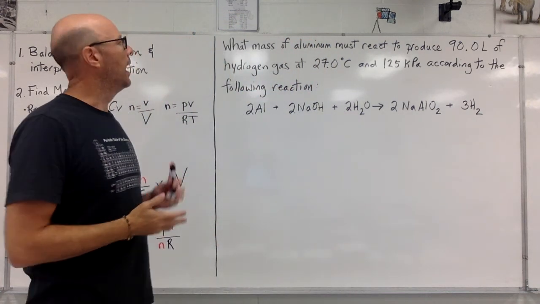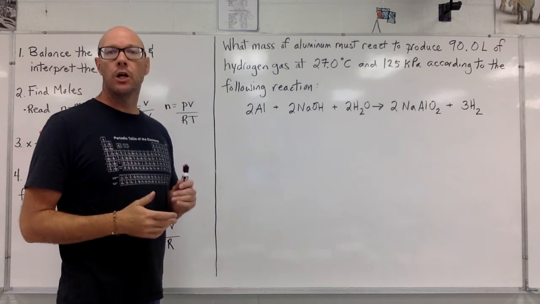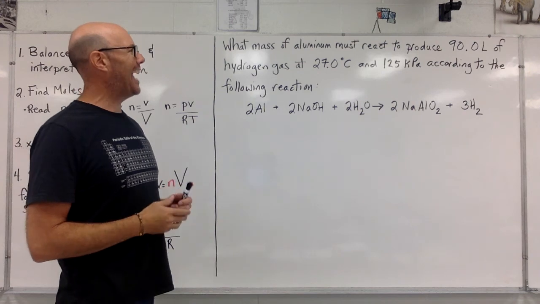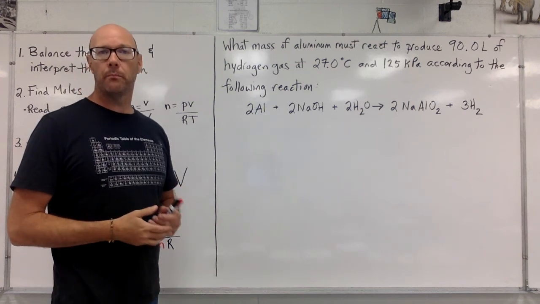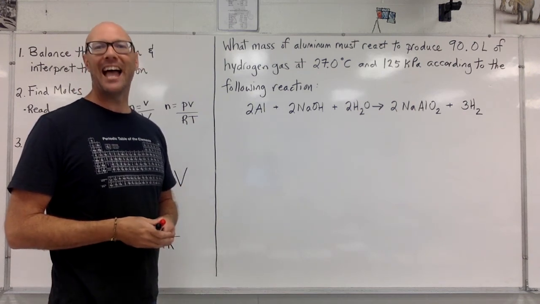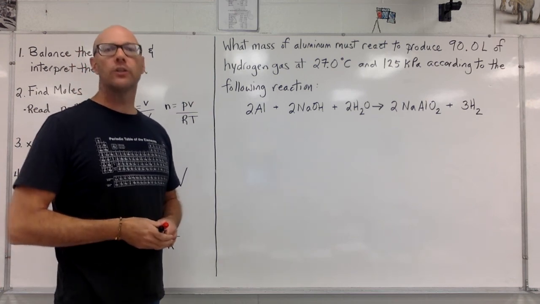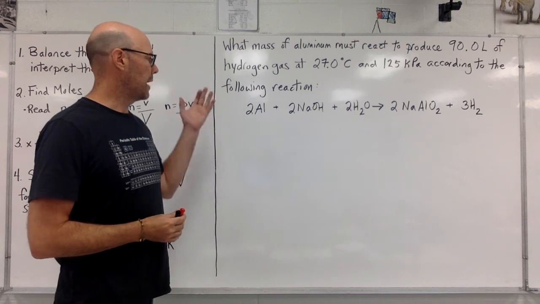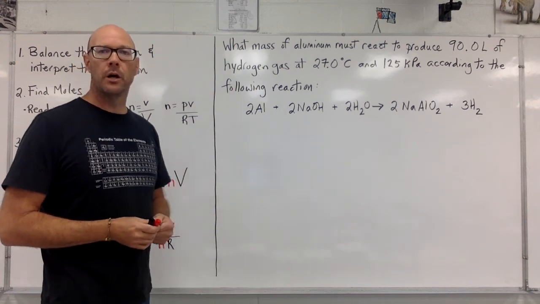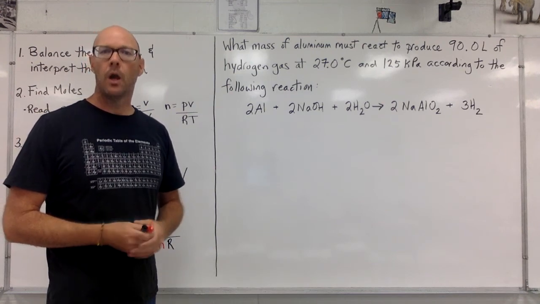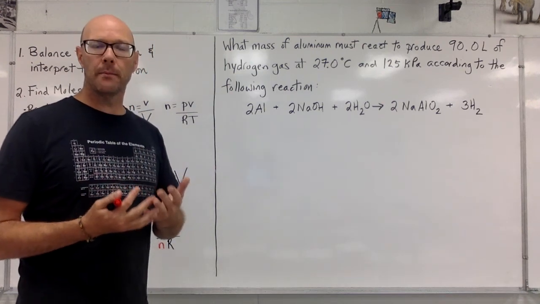What mass of aluminum must react to produce 90.0 liters of hydrogen gas at 27.0 degrees Celsius and 125 kilopascals, according to the following reaction, where we have some aluminum reacting with some sodium hydroxide and water to produce the rest. This highlights another thing that might happen.